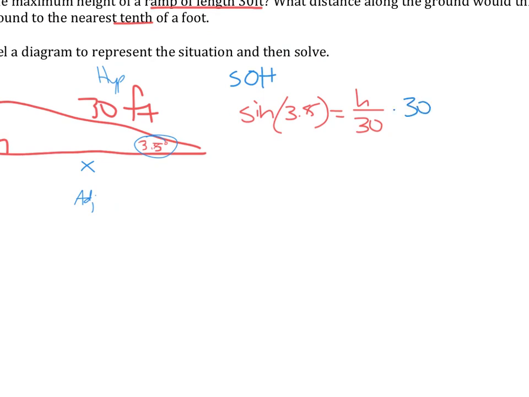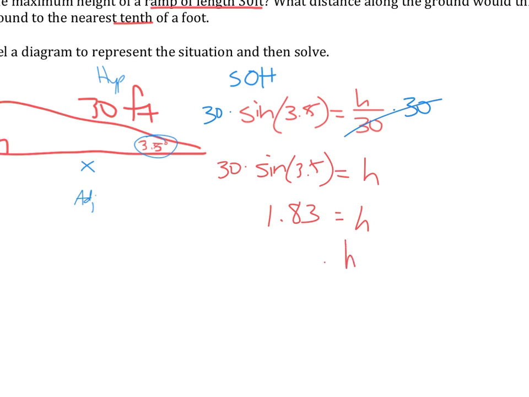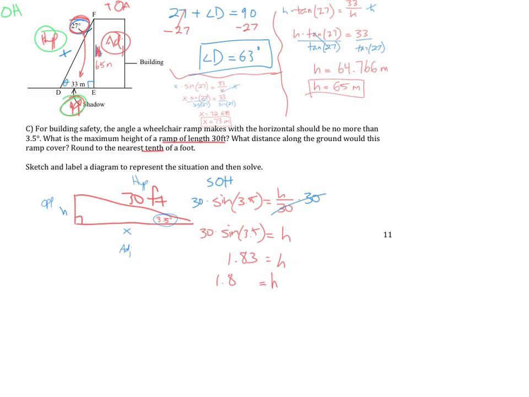Multiply both sides by 30. So H equals 30 times the sine of 3.5. And so the sine of 3.5 is 1.83. So if we round to the nearest tenth, the height is going to be 1.8 feet.